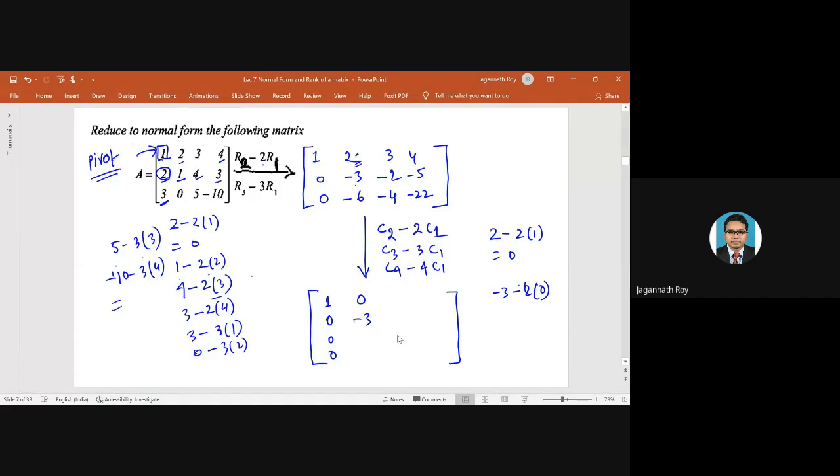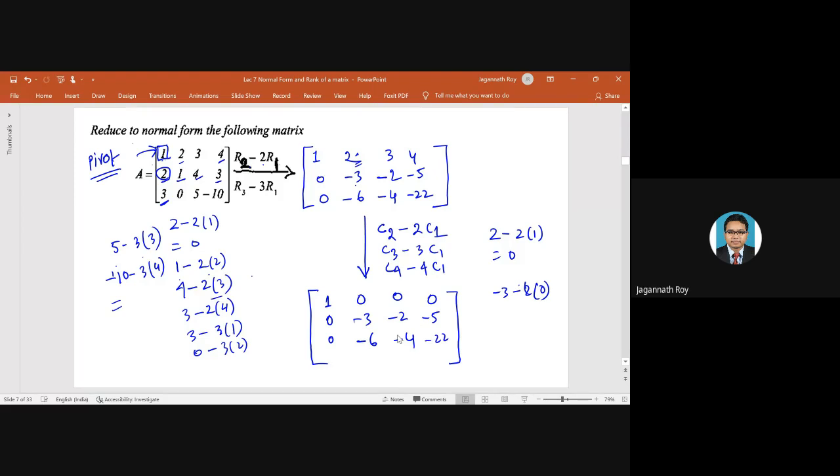So everything will be 0, 0. Again, this will be 0, minus 2. Oh, sorry, this is a 3 by 3 matrix. Again, this is minus 4. So this is minus 6. So this is 0, then minus 5, minus 22.